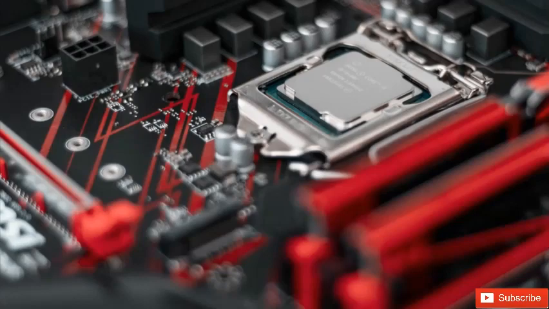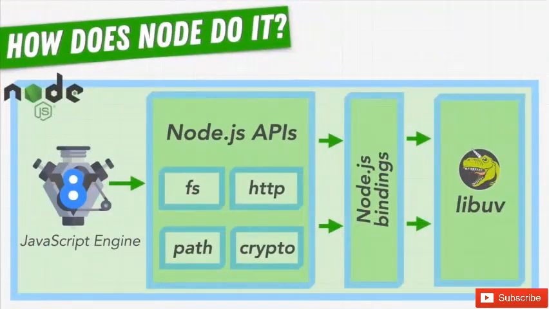Let's look back at our node diagram. What we have here is a series of internal components of the Node.js process, and how a function call like fs.open might flow through these internal components.